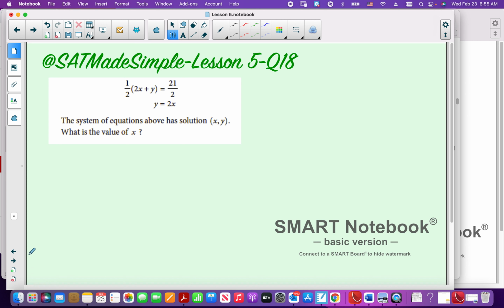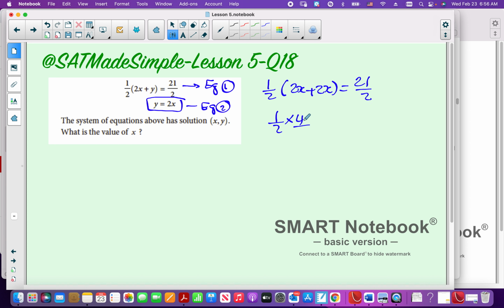System of equations, and we need to find the value of x. I can substitute the value of y from the second equation into the first equation. So that'll be half of 2x plus 2x is equal to 21/2. Half times 4x is equal to 21/2.